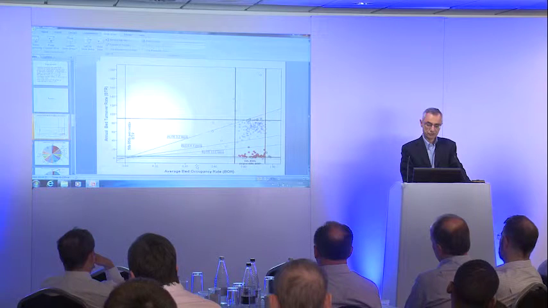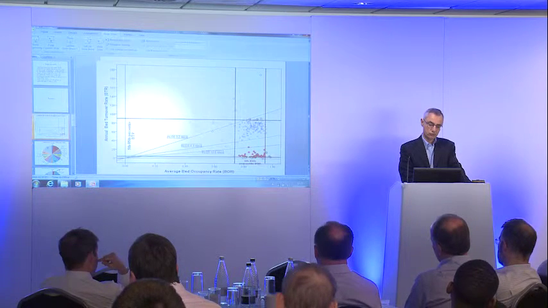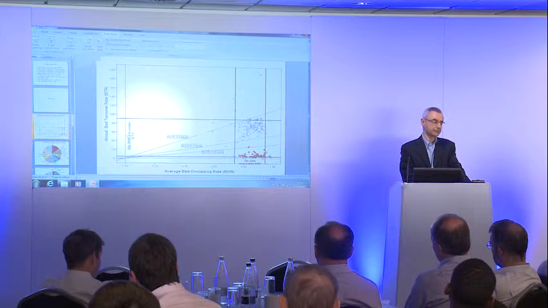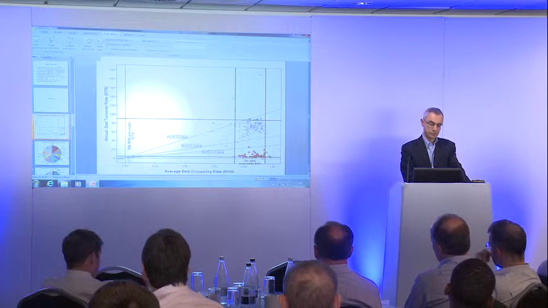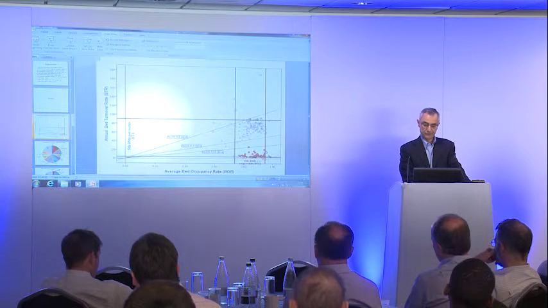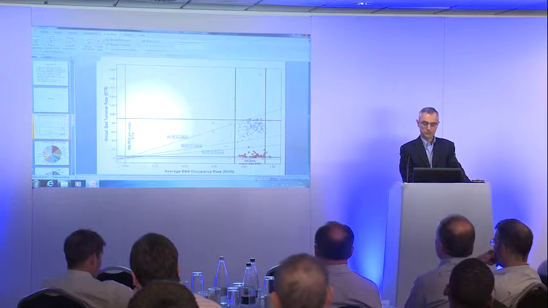This is the average bed occupancy. I drew these lines because they correspond to the 5th and 95th percentile of BTR and the 5th and 95th percentile of BOR, the bed occupancy rate.